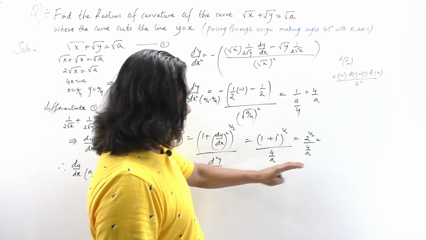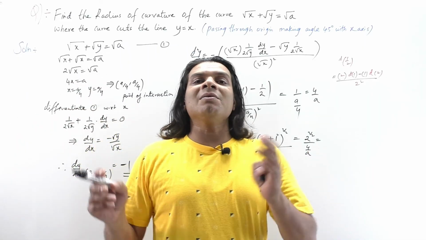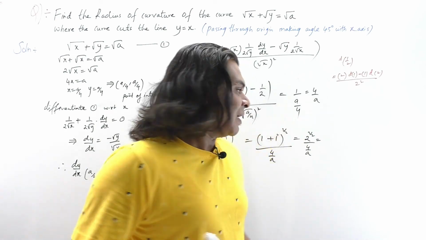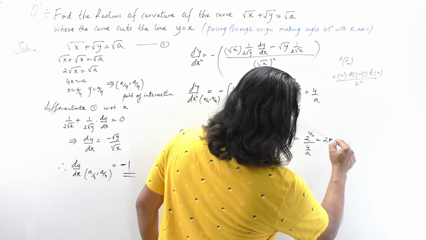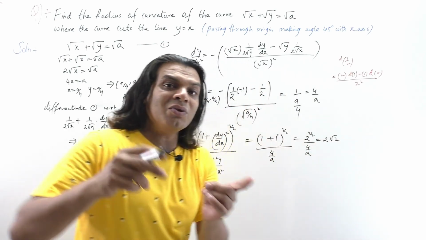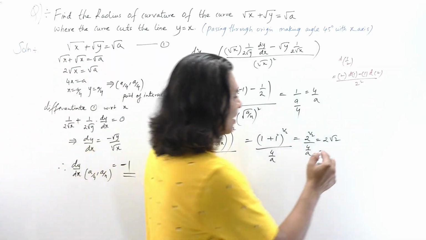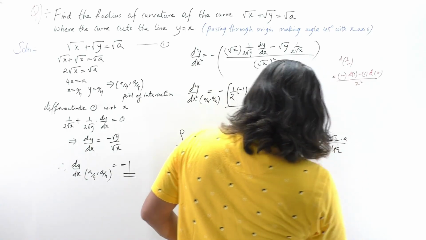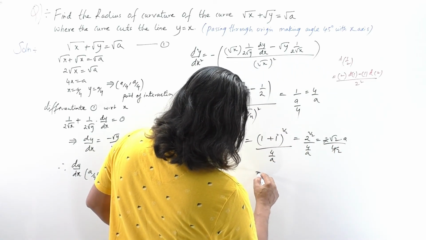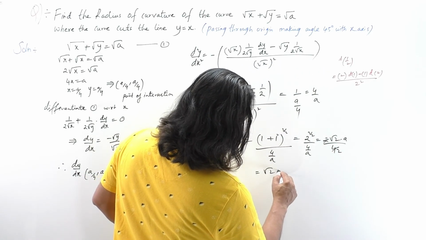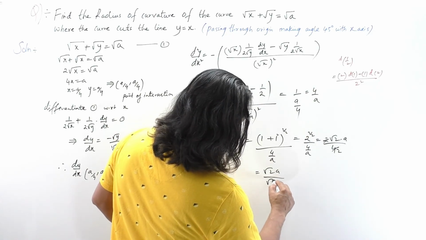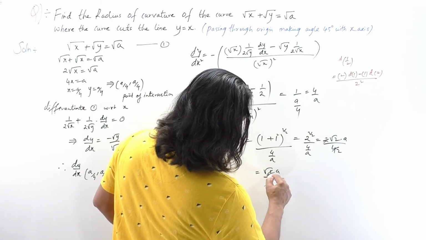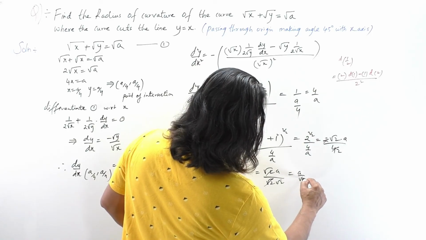So, this is the answer, but there are ways to simplify to bring it to some standard form. 2 raised to 3 by 2 is 2 into root 2, because 2 into 2 raised to 1 by 2 is 2 raised to 1 plus 1 by 2, that is 3 by 2, into a upon 4. So, again this can be written as root 2 a upon, 2 can be written as root 2 into root 2, which cancels, and we get a by root 2.